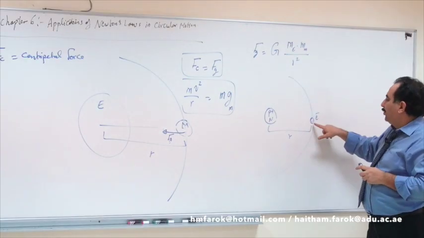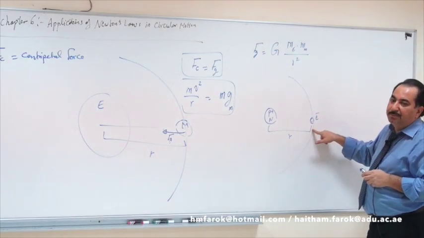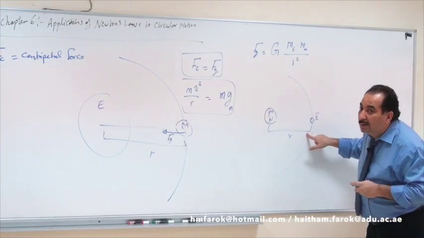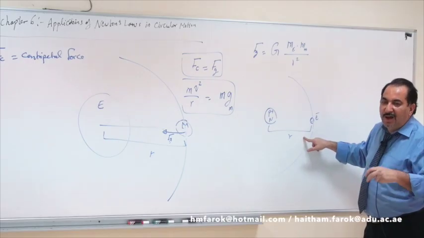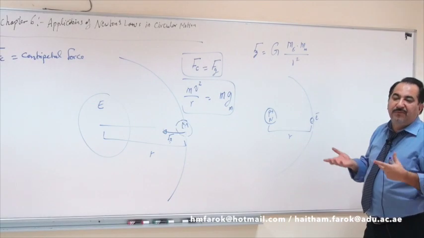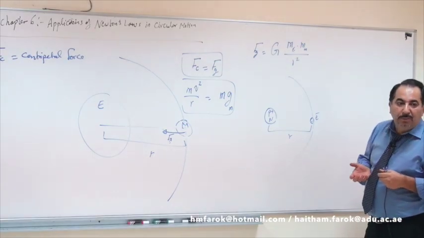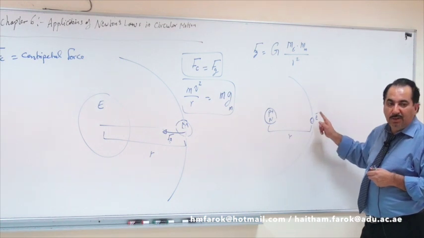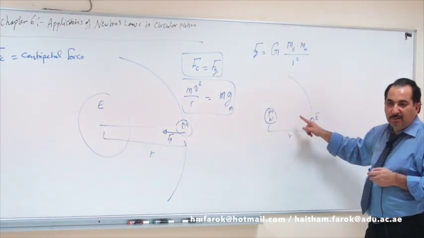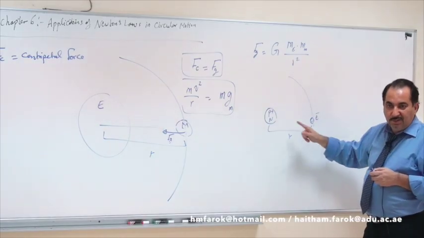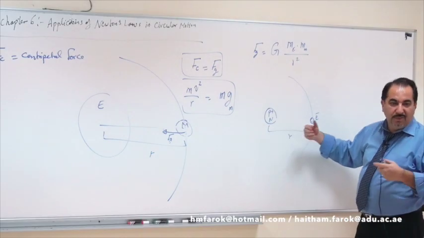Now think, what are the forces on the electron? Do I have a force? No, Fc is the resultant, yeah? But I want to know where does it come from? Magnetic? Are these magnets? What are these? Charges, yes? So what type of force do we have?